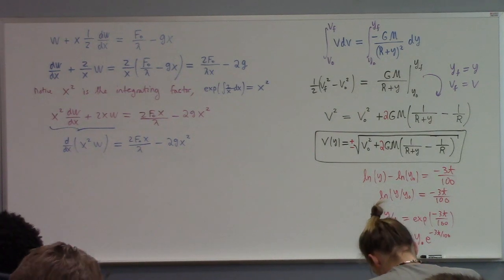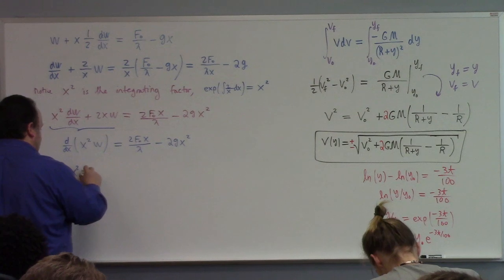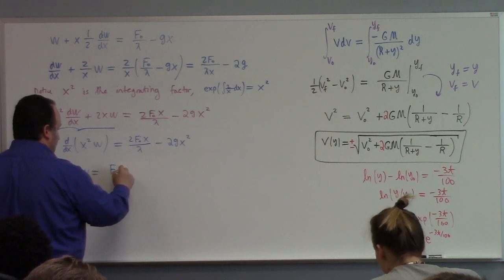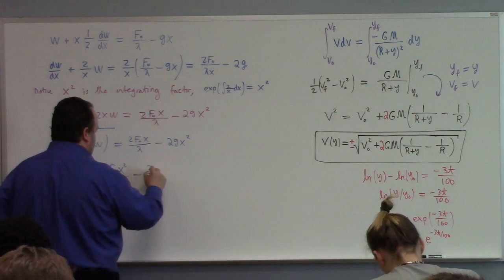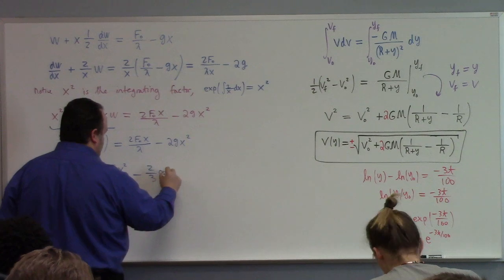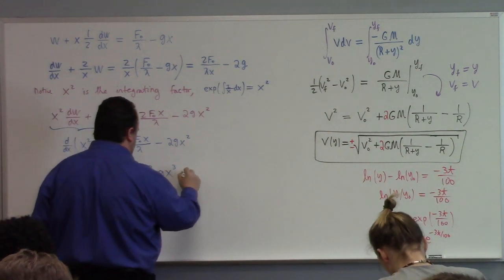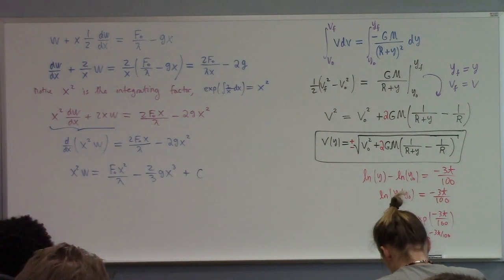Now, integrate both sides. We get x squared times w is equal to F naught x squared over lambda minus 2/3 g x cubed plus a constant, I suppose. What was my w? W was v squared.